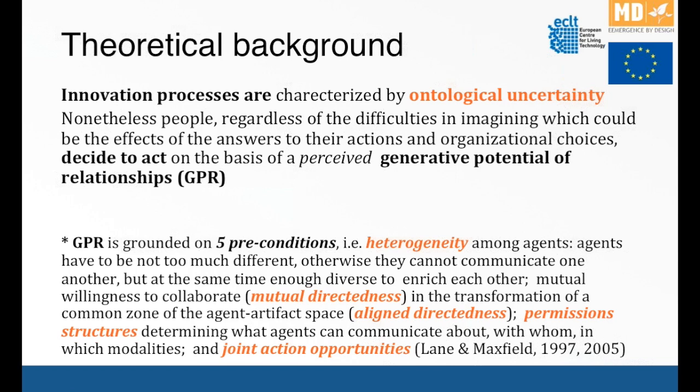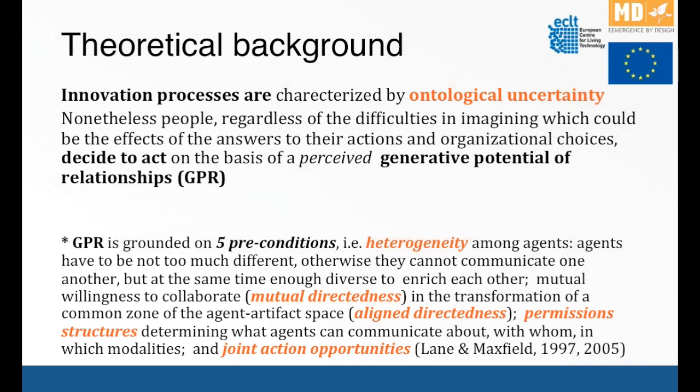So agents perceive that there are potentialities, but these potentialities are grounded on a number of preconditions, like heterogeneity. So there has to be enough difference between people so that they can enrich each other, but not too much, because otherwise they cannot really communicate with each other.